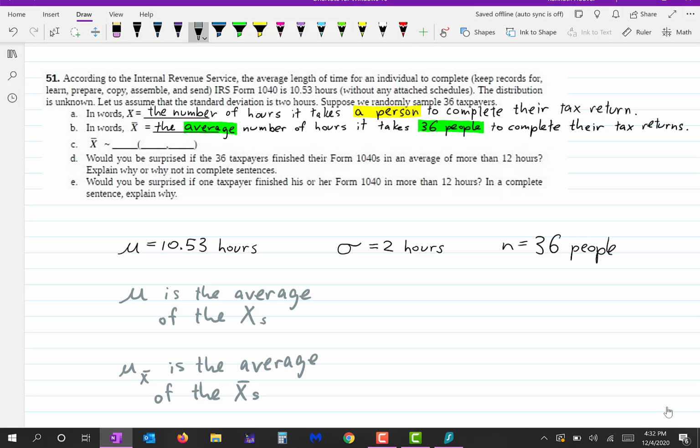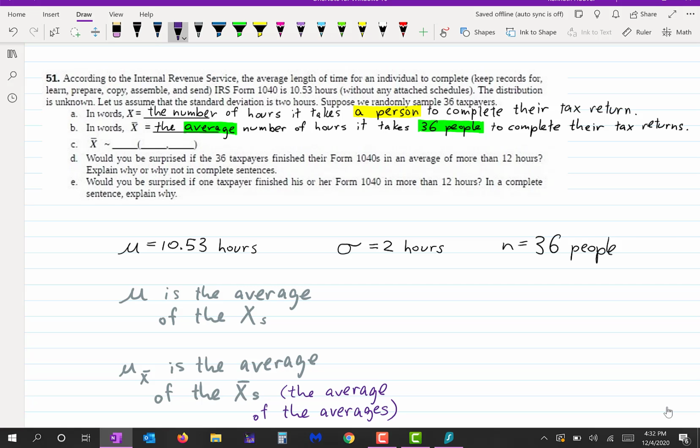And what are x bars? X bars are averages. So this is really important. This is the whole key. So mu x bar is the average of the averages. That's the whole key right there. When I finally figured that out as a student, that's when this stuff started making sense to me.